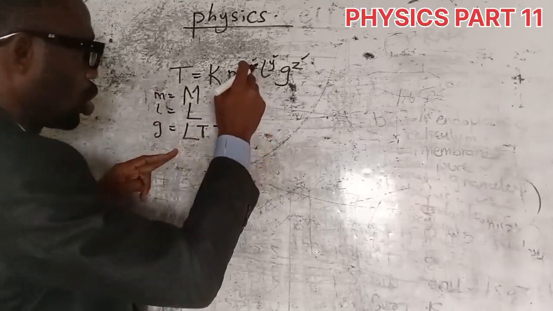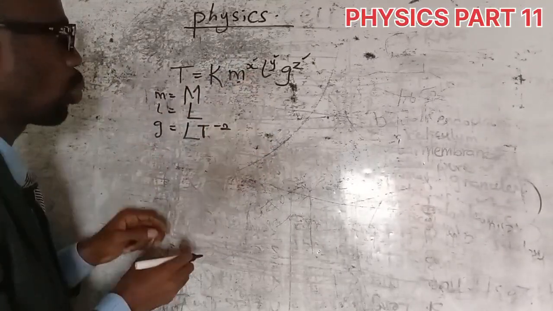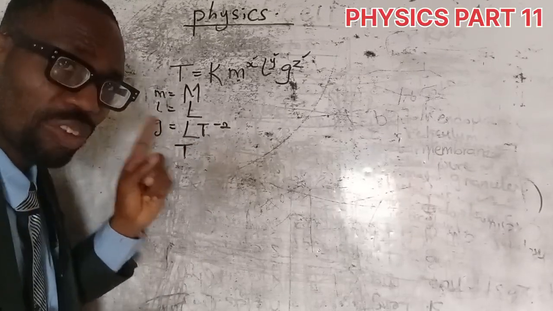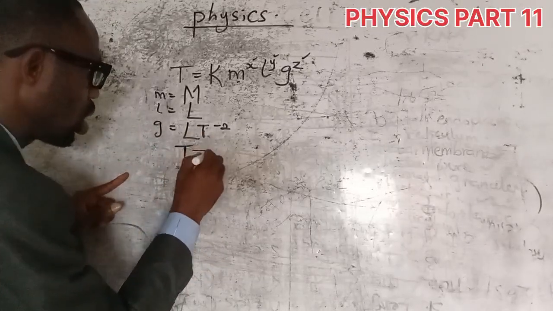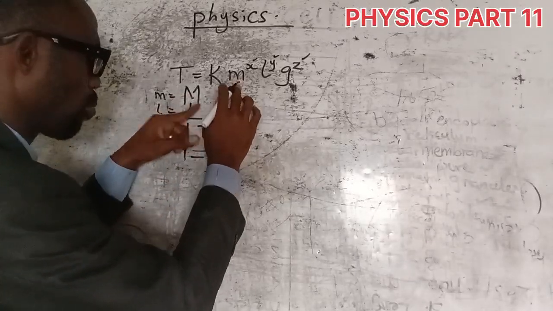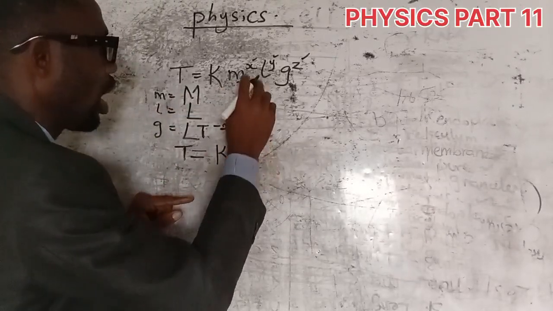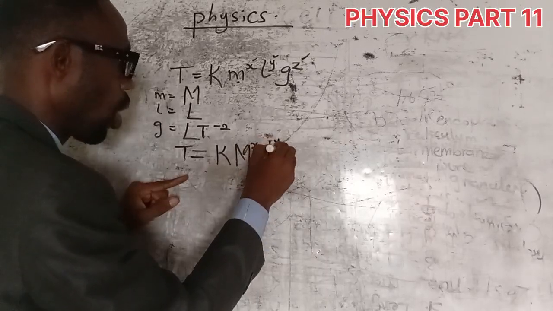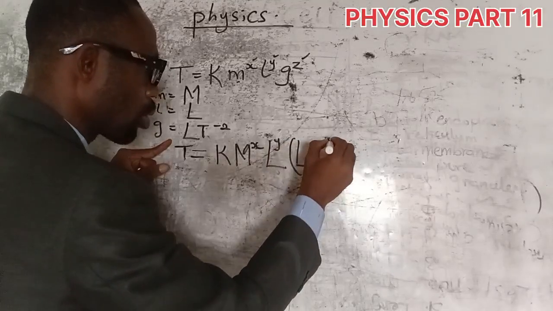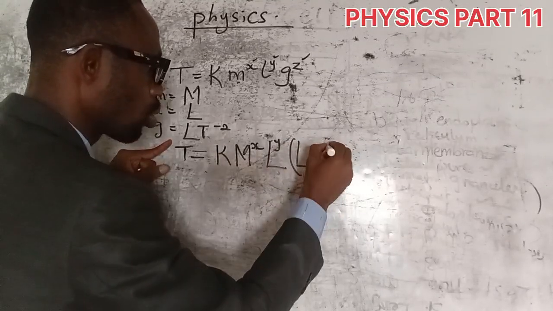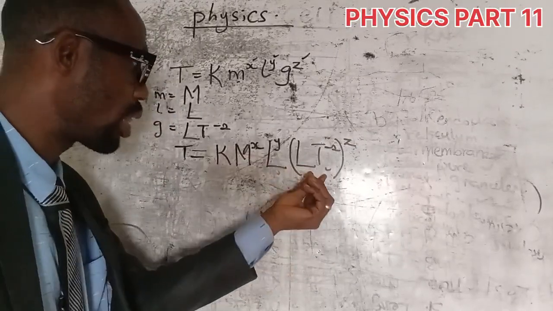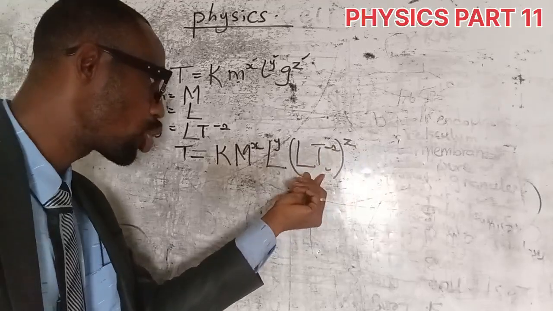The next thing we need to do is to substitute these dimensions into the related equation. So we'll now have T equals K, M raised to power X, then capital L raised to power Y, and then for G you put LT minus 2, but you have to bracket it, then raise the bracket to power Z. The reason is that since these two are together, this Z will affect both dimensions.